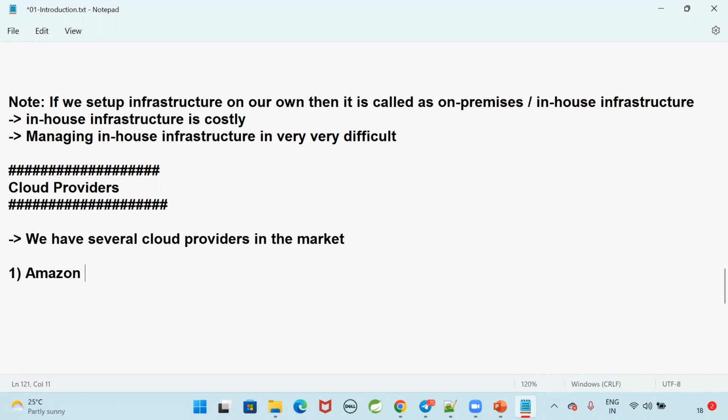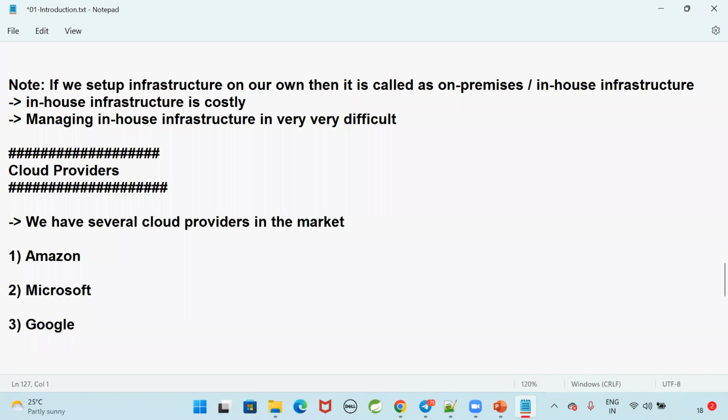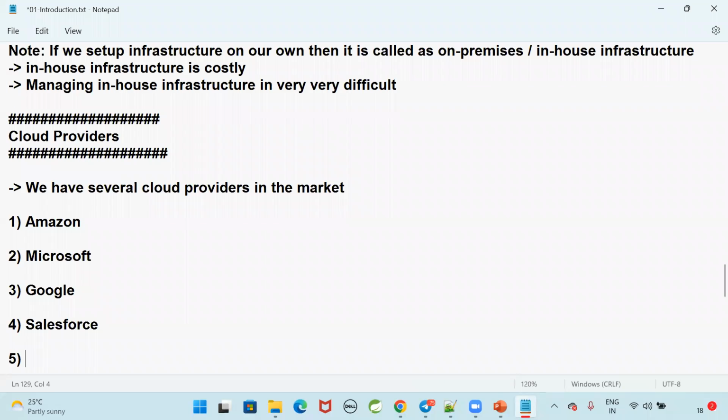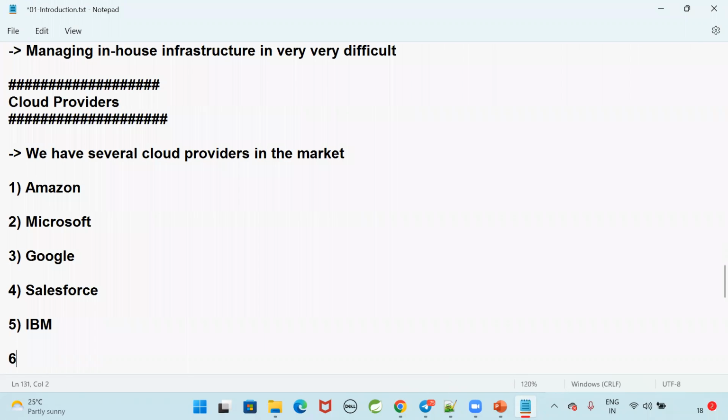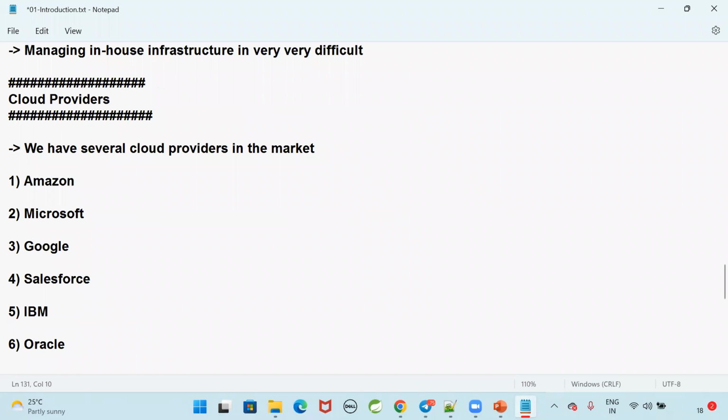First one is Amazon, Microsoft, Google, Salesforce, IBM, Oracle. Like that, there are so many cloud providers available in the market.